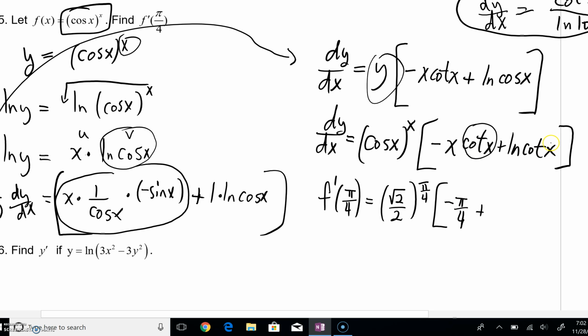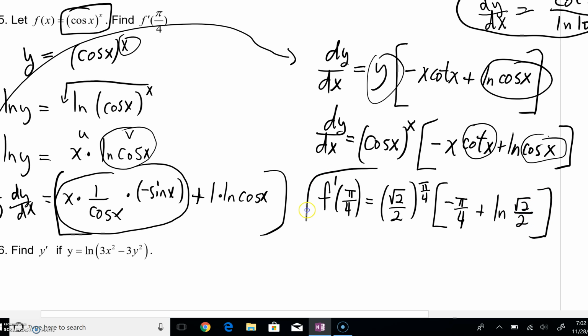The cosine here, I think I miscopied that. That's the cosine of x right in here. The cosine of x, when I plug in pi over 4, I'm going to get root 2 over 2. And that, as strange looking as it is, is going to be your final answer.